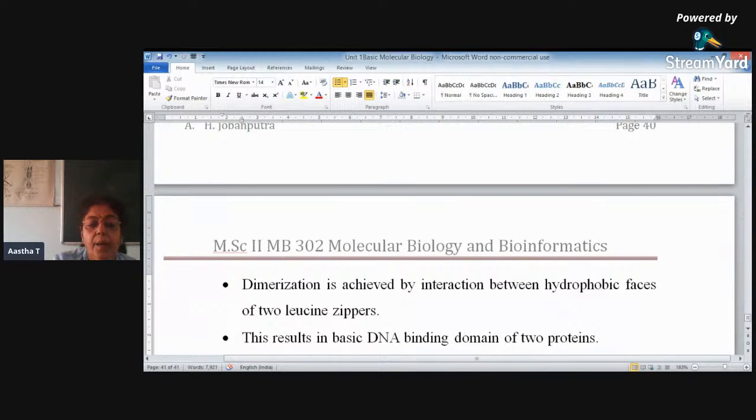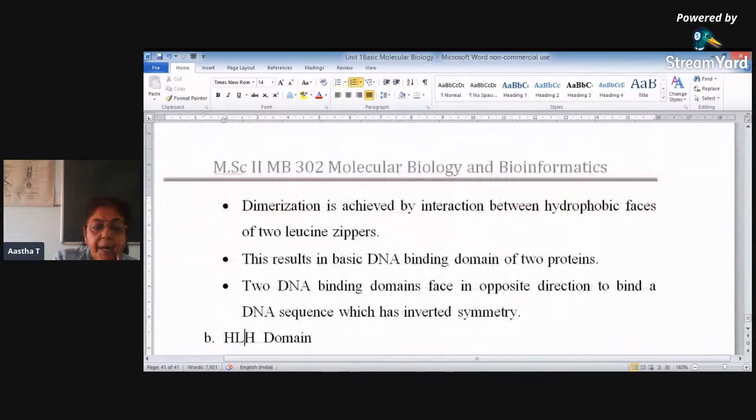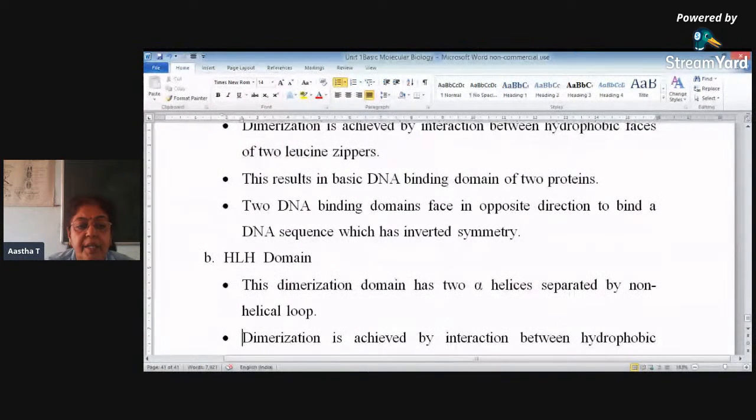This results in the basic DNA binding domains of 2 proteins. The 2 DNA binding domains face in opposite directions to bind the DNA sequence which has inverted symmetry, one in this direction, one in that direction. How is a zip? It is a chain-like structure. So leucines form the sides, one parallel and one antiparallel, giving inverted symmetry.